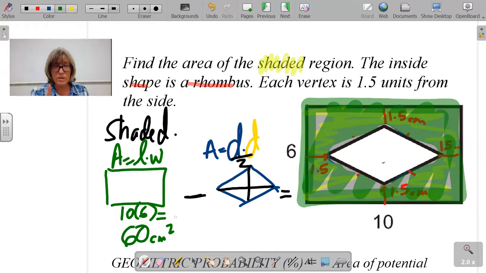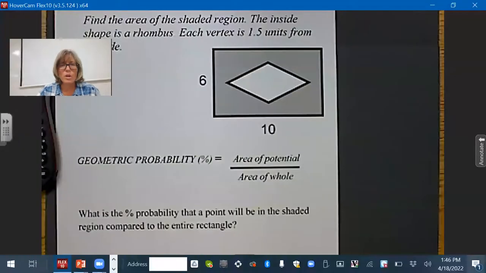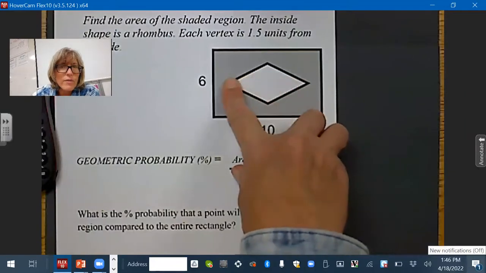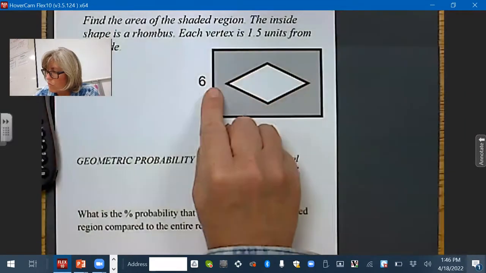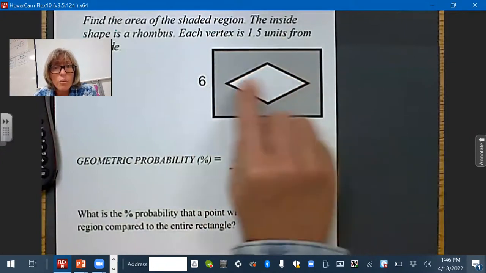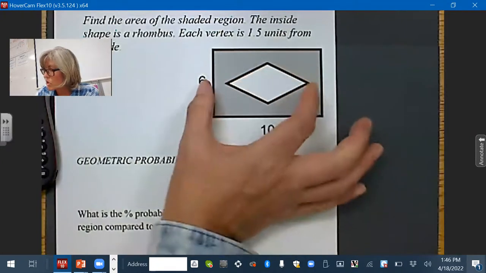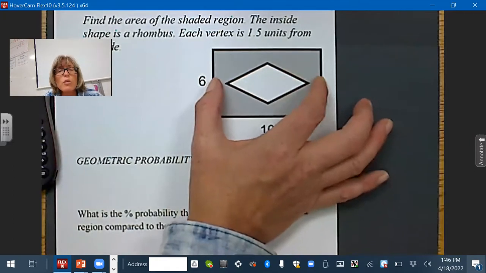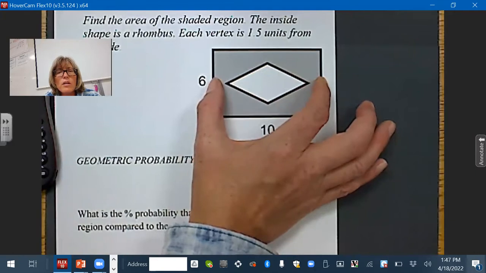In the rhombus, take a very close look here. We want this diagonal. Now take your finger and go all the way across. That is 10. We need this diagonal here, so I want you to take your fingers, go like this, say 10 centimeters. Do this with me, finger pinch. Now ready?